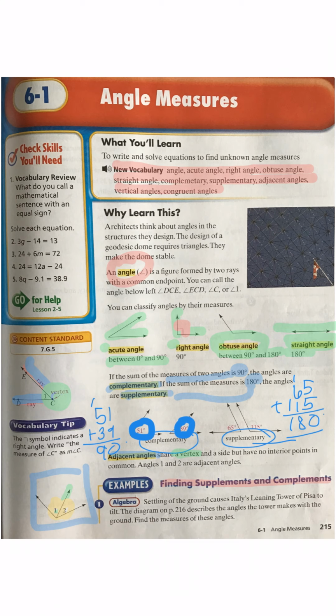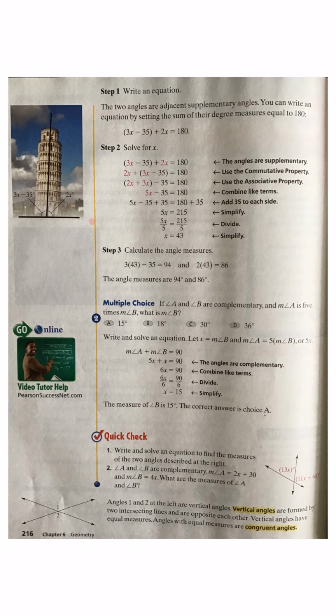Settling of the ground causes Italy's Leaning Tower of Pisa to tilt. The diagram on page 216 describes the angles the tower makes with the ground. Find the measures of these angles. Look at this picture we have right here of the Leaning Tower of Pisa.